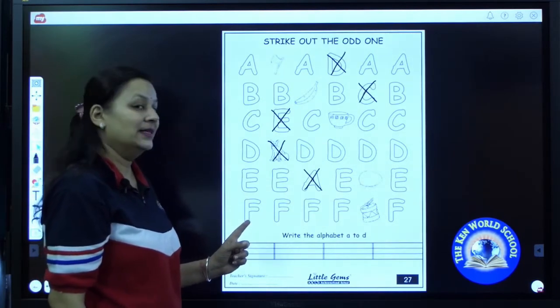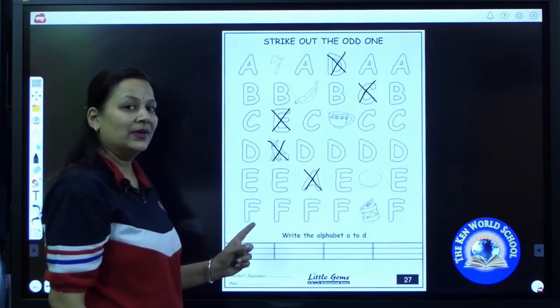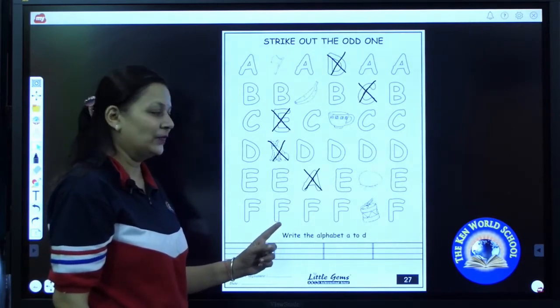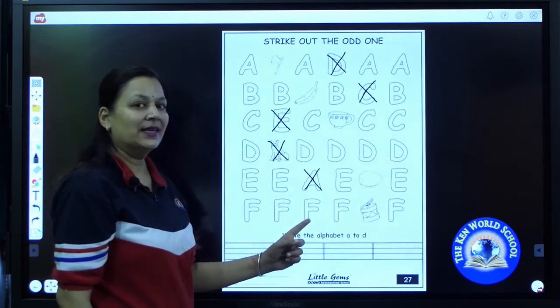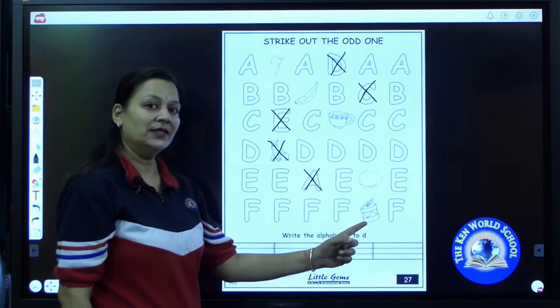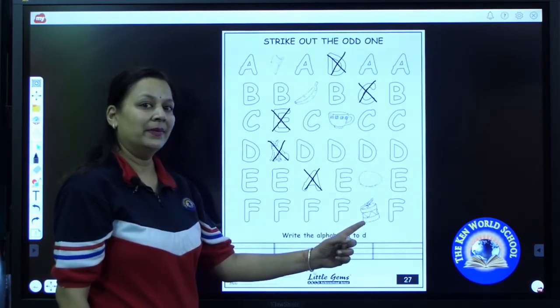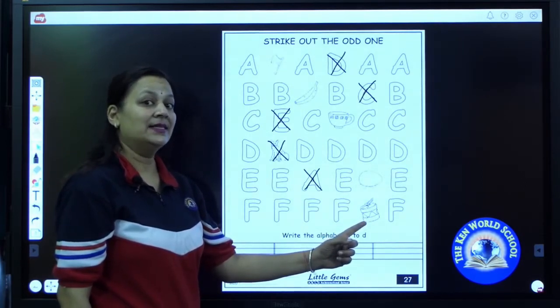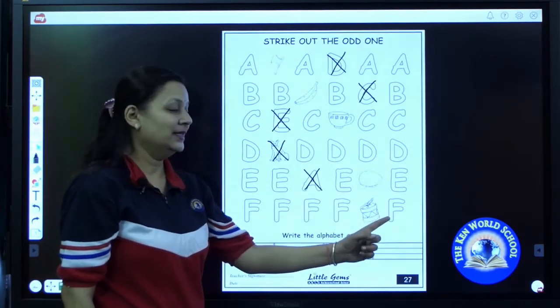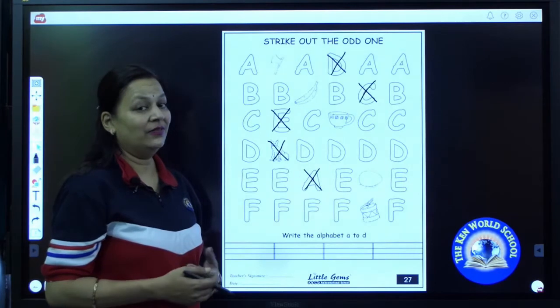Now come to the next row. Which letter is this? F. Which letter is this? F. F says F. Which letter is this? F. Again it's F. Which picture is this? Drum. D says D. D as in drum. Again it's F. So which is the different?